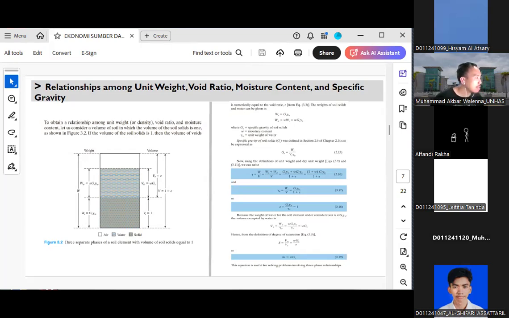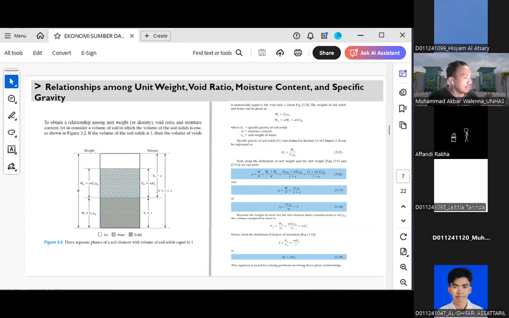The next one is the formula for unit weight of soil. As you can see there, the formula for unit weight is the weight divided by the volume.